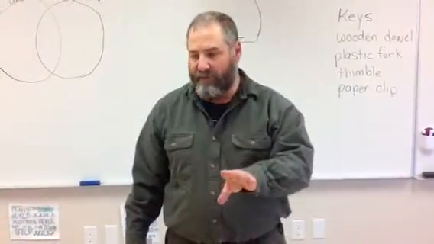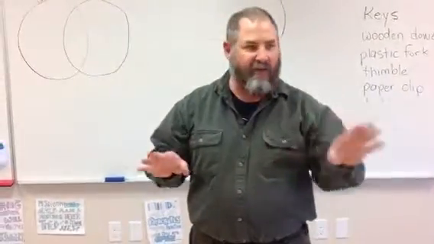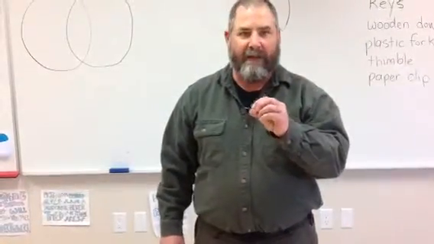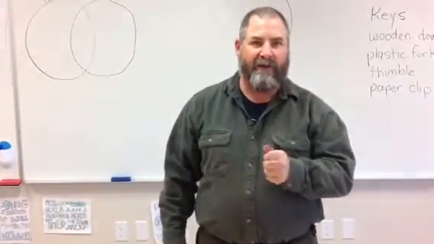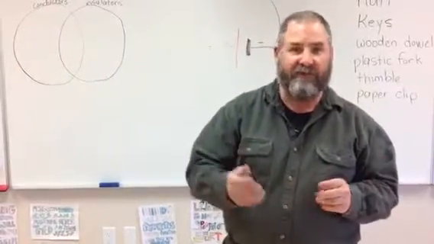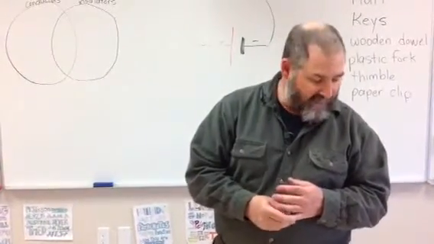As a class you're going to figure out things in your classroom and test them in here to see if they're an insulator or a conductor. But first, when you grab any item you want, someone's shoe or something, you're going to predict if it's an insulator or a conductor.